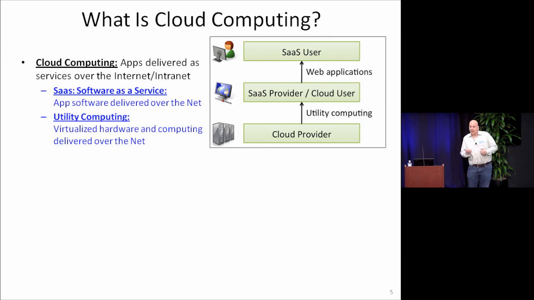So in this environment, I probably want a cloud provider, and most of us think of AWS and Amazon as a very, very good example of that, providing utility computing, which is giving us an abstraction of computing upon which I write a software as a service application, and then my users come down and talk to me about that, okay?